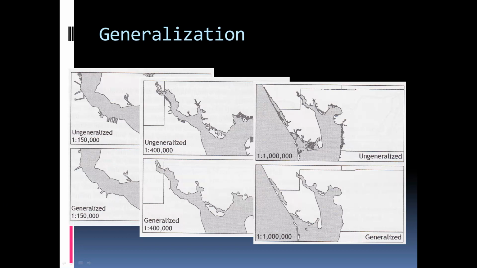But what it does do is make the useful information of the map clear. What's useful at the 1 to million scale is where the coastline is. Yes, it's not going to show as much detail as the ungeneralized, but where it is is actually more important than this kind of confusion you're seeing with the ungeneralized one.